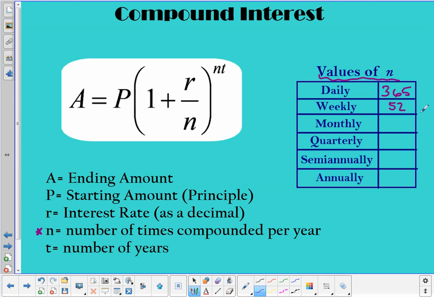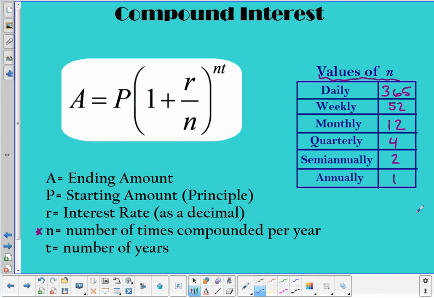So compounded weekly would mean 52. Compounded monthly, how many months are there in 1 year? That would be 12. Compounded quarterly, how many quarters in 1 year? That's 4. Semi-annually, that means it's compounded twice per year, and annually just means it's compounded once per year. Now there's other options that may be used, but these are probably the most common ones that you'll see.